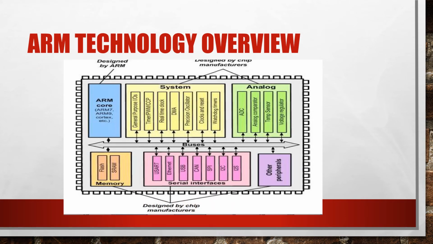This is the basic overview of the ARM processor. If you look at the block diagram, this part is the one designed by ARM. Whereas, for example, the system, the analog, the memory, the serial interface, and other peripherals are designed by the chip manufacturer, the one who wants to develop the physical processor.